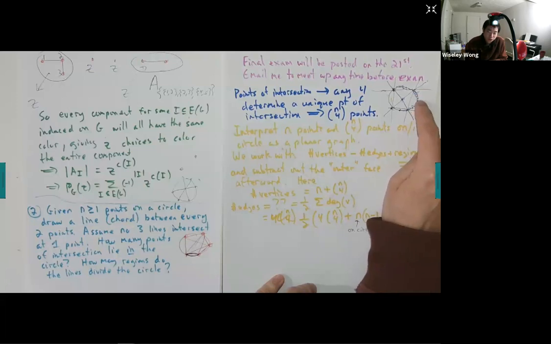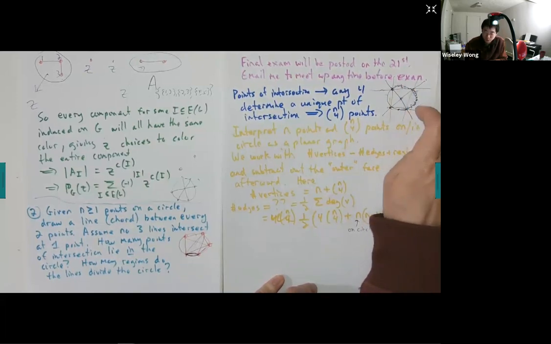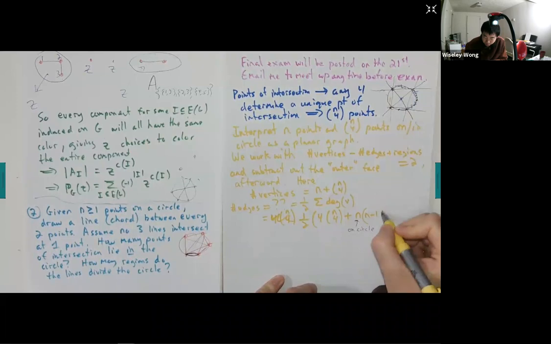So therefore, each vertex when I convert this to a graph is actually a multigraph, where this vertex joins to all n minus 1 other points on the circle, and I have these 2 that are coming out originally from the circle. So therefore, I need to add 2 more.